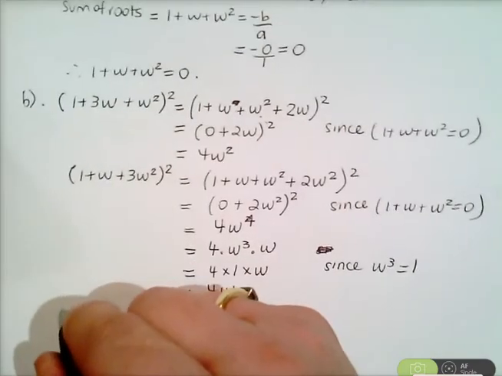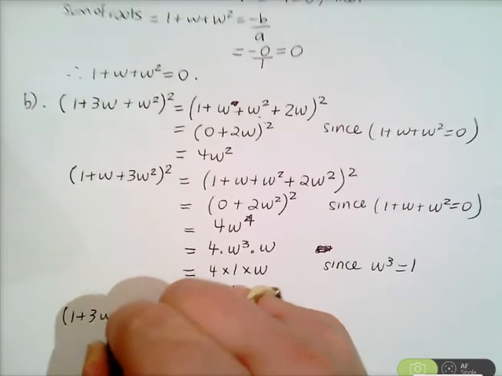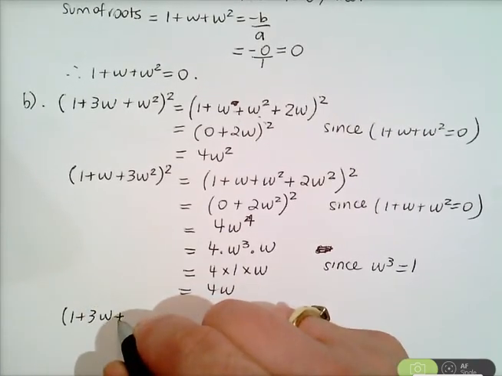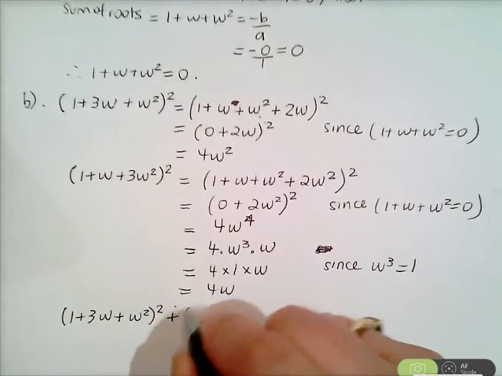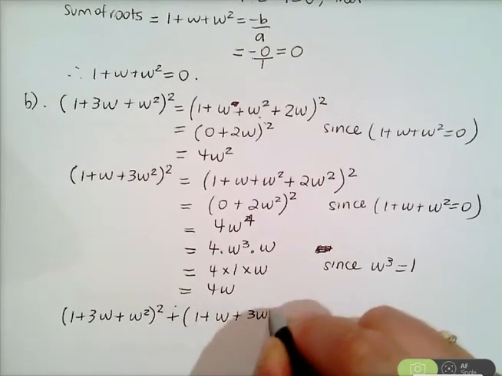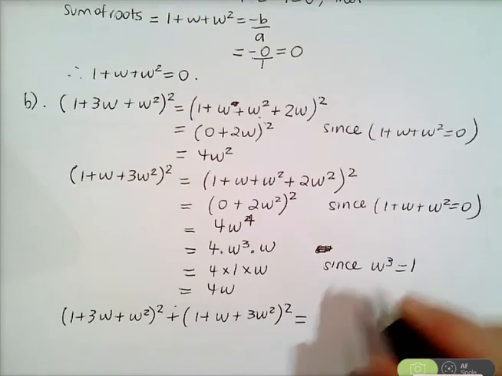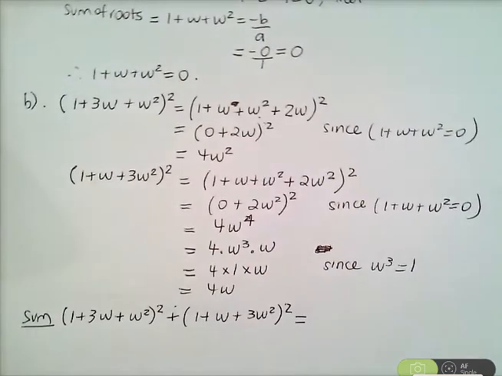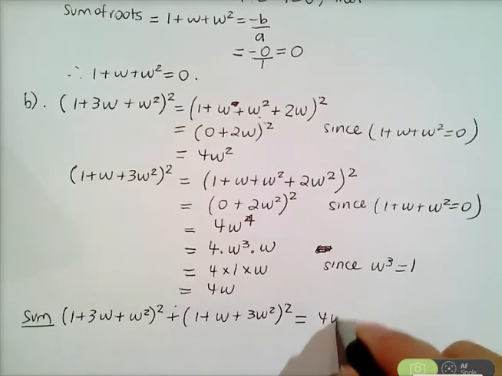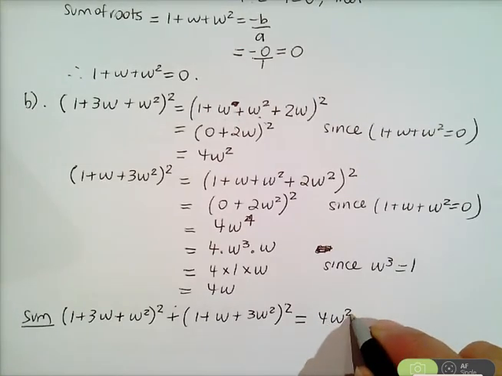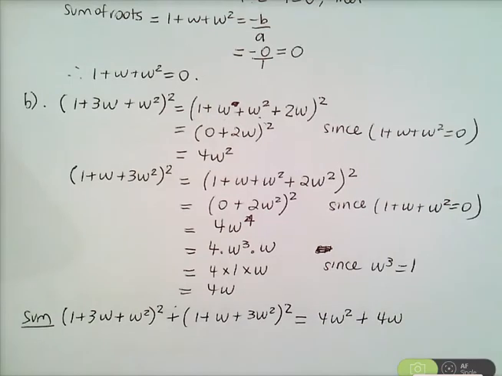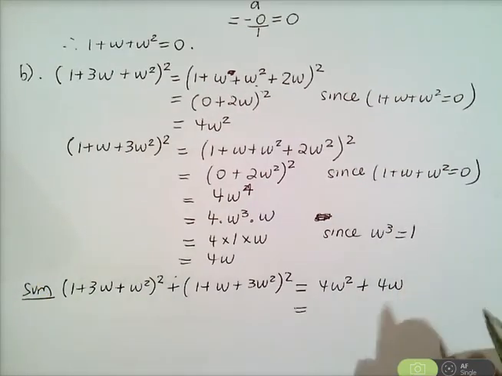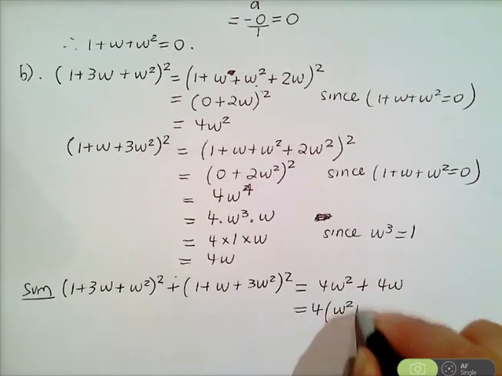So therefore, looking at their sum, we've got 1 plus 3w plus w squared, all squared, plus 1 plus w plus 3w squared, all squared, which is the same as 4w squared plus 4w, which is 4 times w squared plus w.